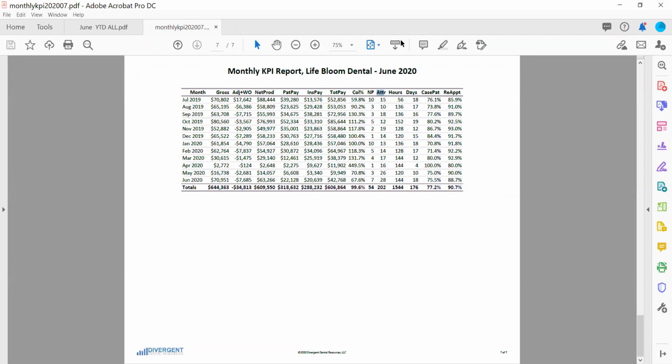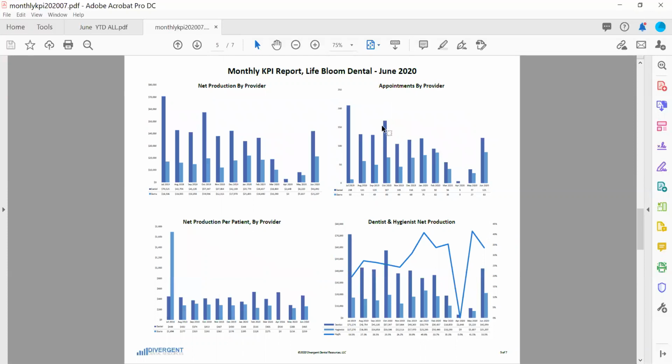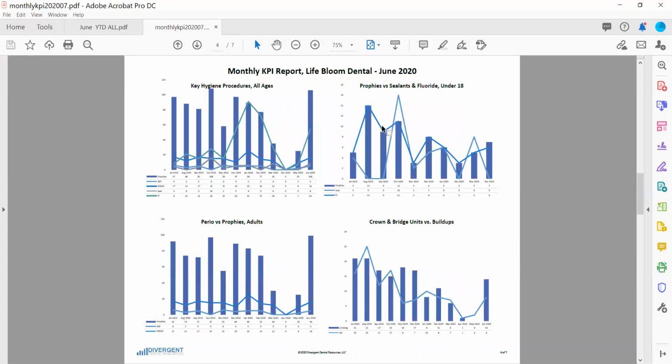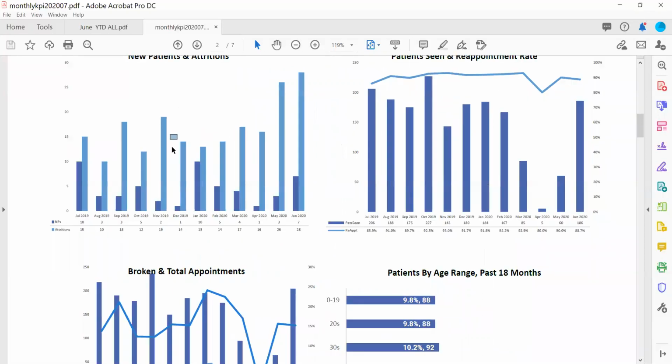It's valuable to see the actual graph where you have the light blue bar and the dark blue bar. There you go. Another graph here, Dan, for you. So dark blue is new patients, light blue is attrition.